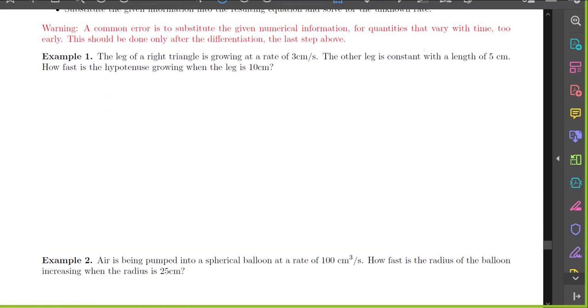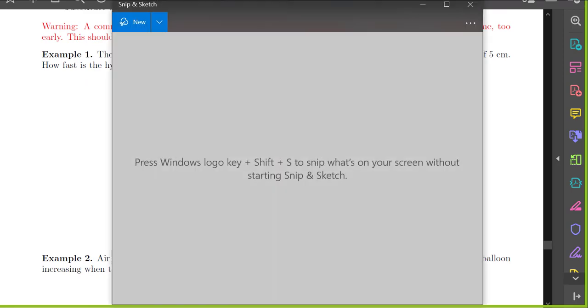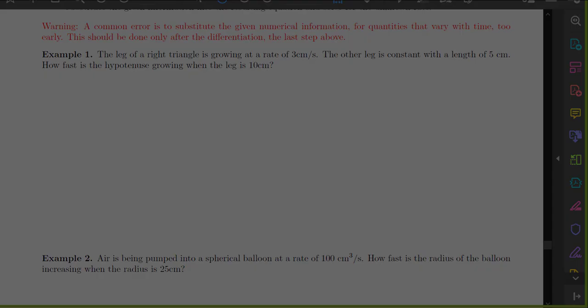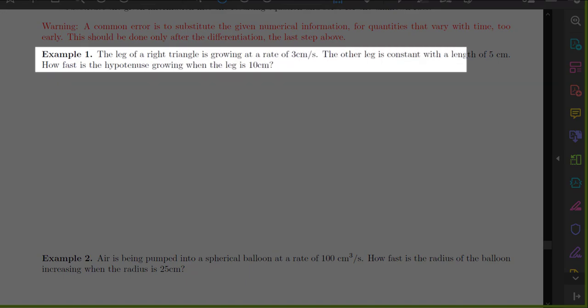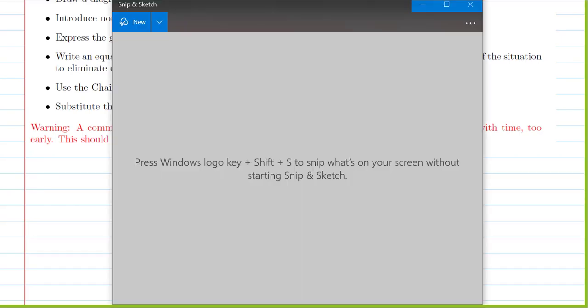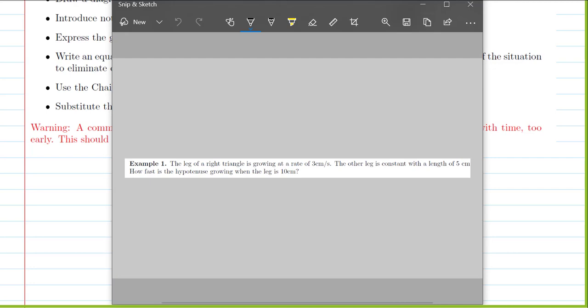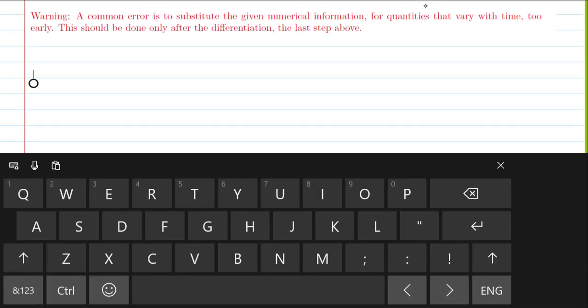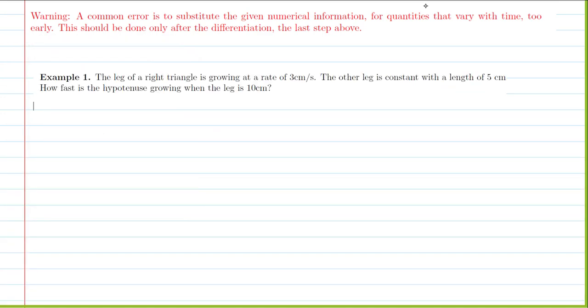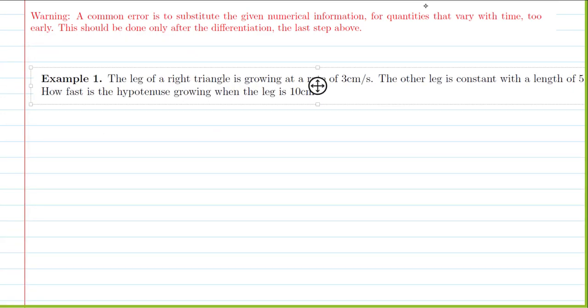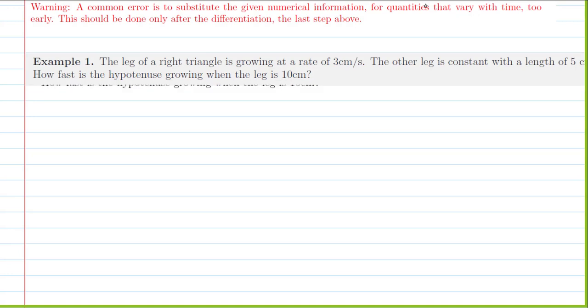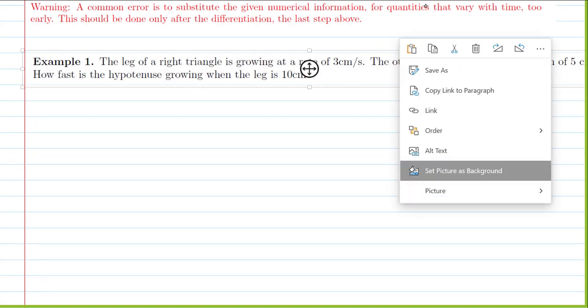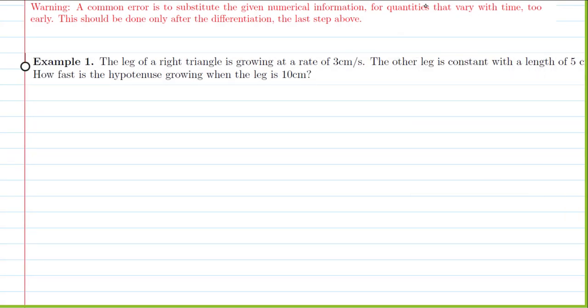All right, so let's take a look at example number 1. So example 1 states the following. The leg of a right triangle is growing at a rate of 3 centimeters per second.